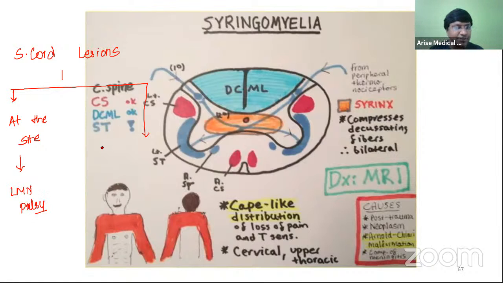Below the site of lesion in the spinal cord, you will have UMN palsy. You will have UMN features. Upper motor neuron features will be there.